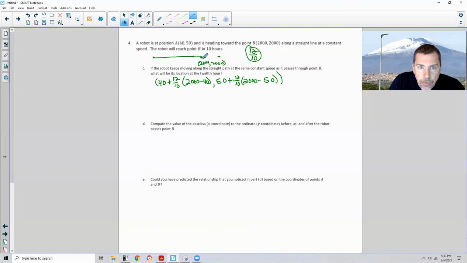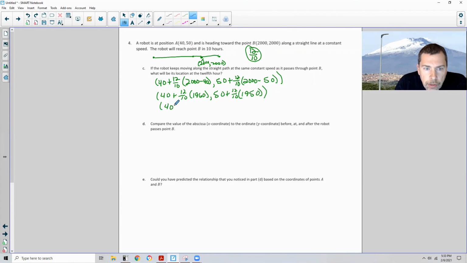This is 2000 right here. Think of it as continuing on for 2 more hours. Okay, 12th hour. So this is going to give us 40 plus 12/10 times 2000 minus 40, which is 1960, comma, 50 plus 12/10 times 2000 minus 50, which is 1950. So this is going to be 40 plus, this 10 will make that 196.